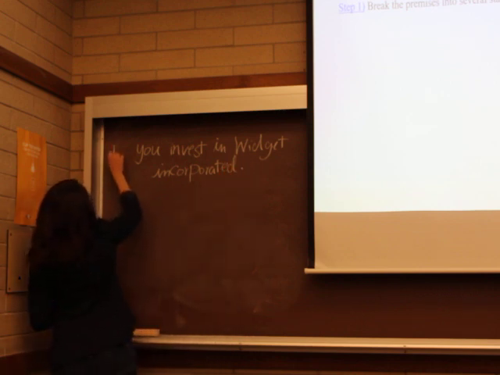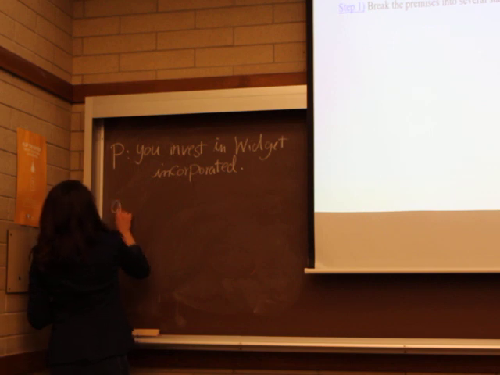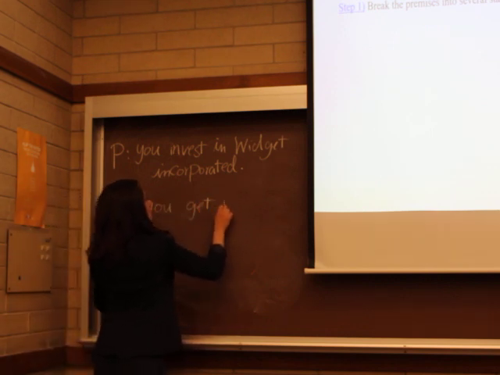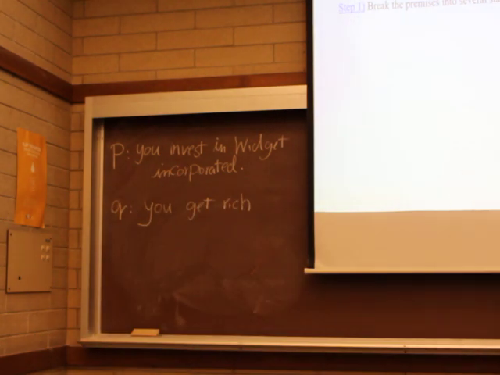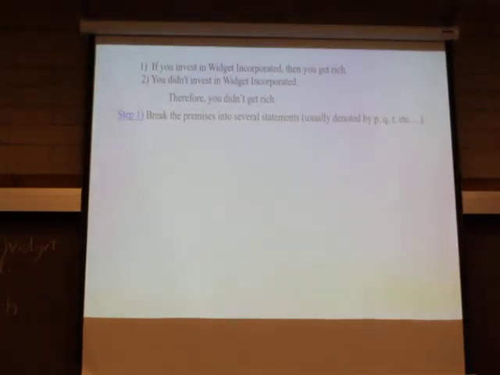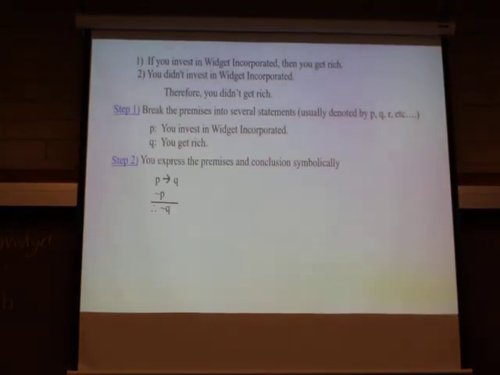Well, I can call that P. And the other statement that I see is you get rich. I call that Q. That's the first step. So find the simple statements, call them P, Q, R, and so on, right? So I found just 2 simple statements, I call them P and Q. You invest in Widget Incorporated, P, Q, you get rich.